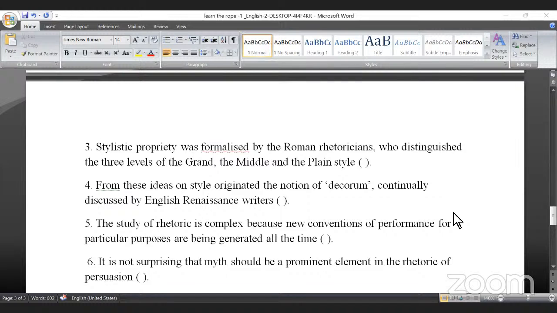Who answered adverbial? You don't have answers now. Okay, you think it is adjectival now. Why is it adjectival? Again, that should have an answer, no? Ma'am, because these ideas on style originated, this is talking about English Renaissance writers. I think that's why it's adjectival.